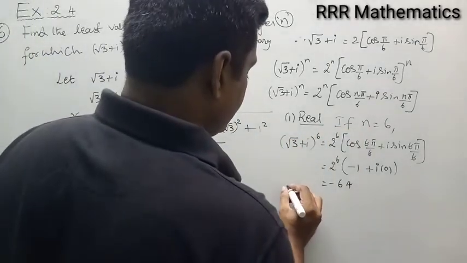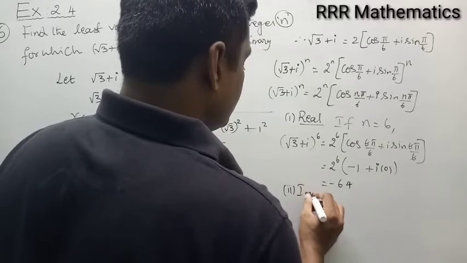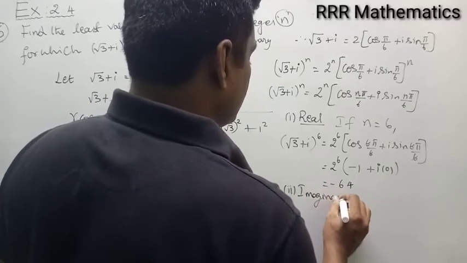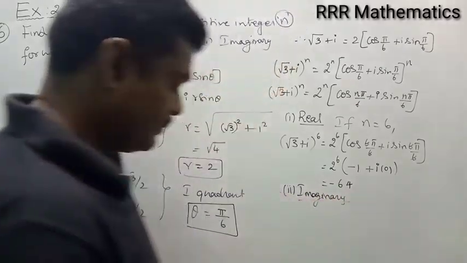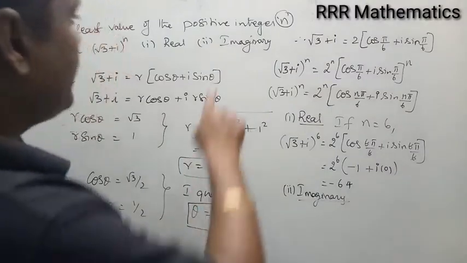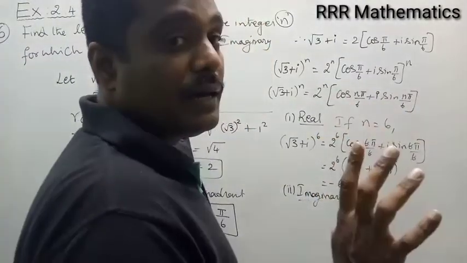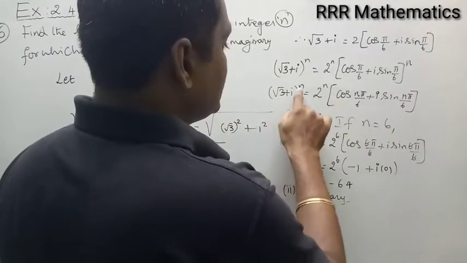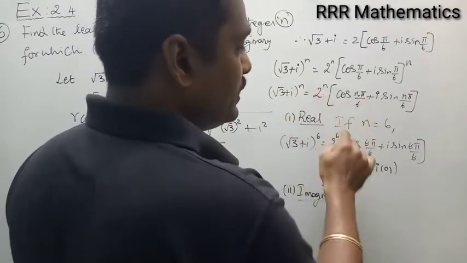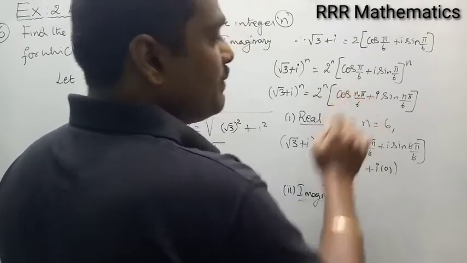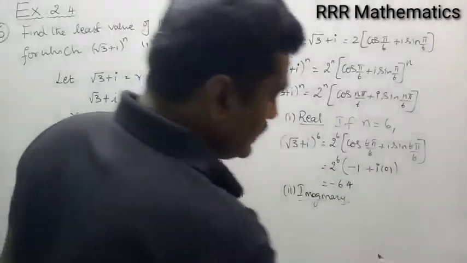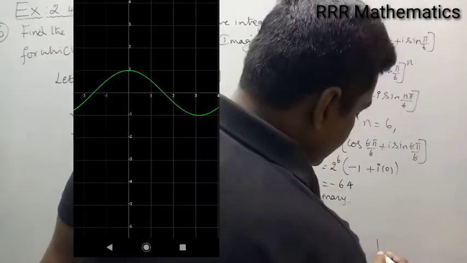Next. Second case, imaginary. Imaginary means there is no real part. In this case, (root 3 + i) to the power n is 2 to the power n (cos n pi/6 + i sin n pi/6). I need this cos term to vanish. See the cosine curve.